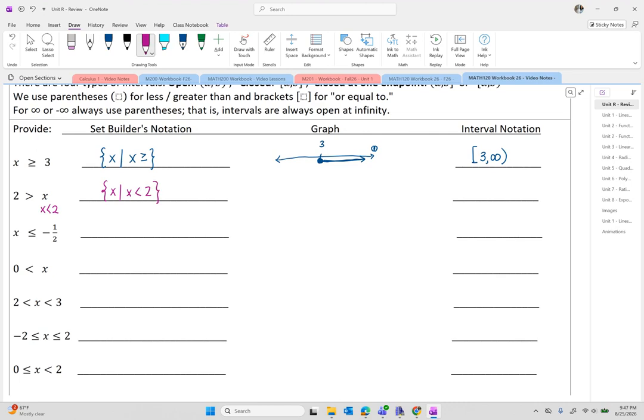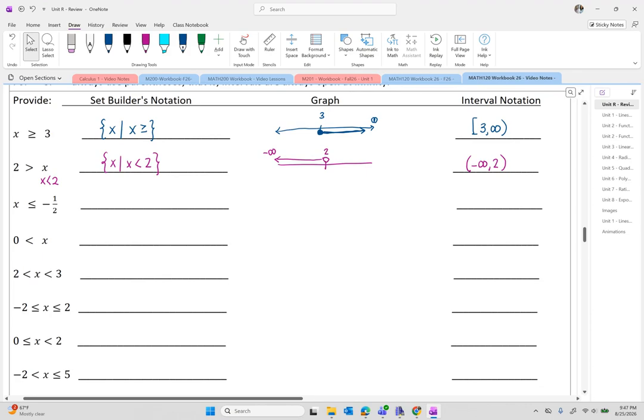The graph will be a number line with 2 in the middle, and we are shading less than 2, that is to the left, and at 2 we are not equal to, so we need an open circle. The interval notation will be negative infinity on the left, comma 2 on the right, parentheses at 2 and at negative infinity because we do not equal any of those.